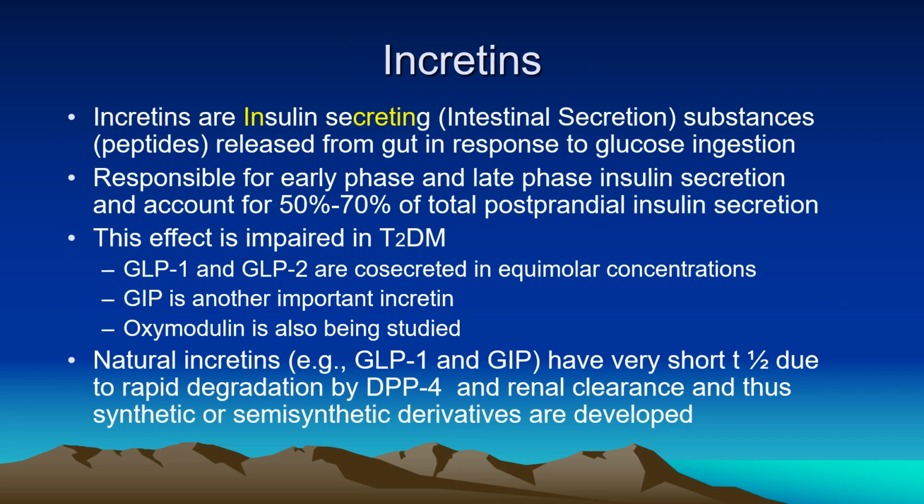Now, incretins are insulin secreting substances or peptides released from the gut in response to glucose ingestion. The incretins are responsible for early phase and late phase insulin secretion, and this accounts for about 50 to 70% of total postprandial insulin secretion.